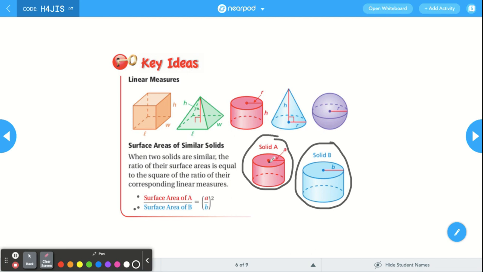So they're using in this case, the radius from both solid A and solid B, and they would square that ratio. And you can see they wrote it here as a fraction to help you understand it a little easier. We'll go over an example here in just a second, but make sure that you copy this formula down here at the bottom.